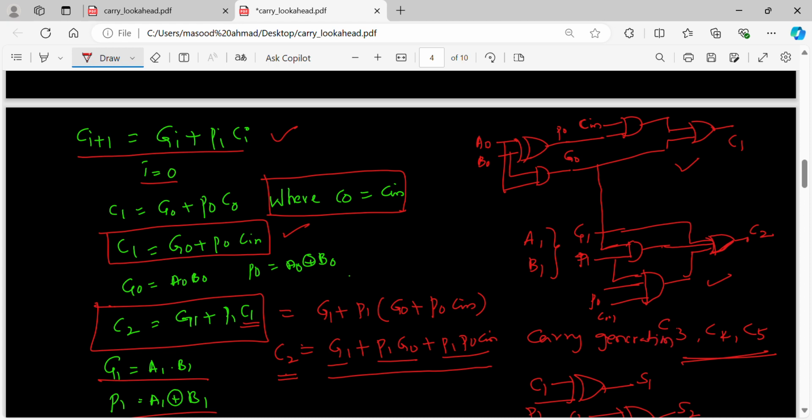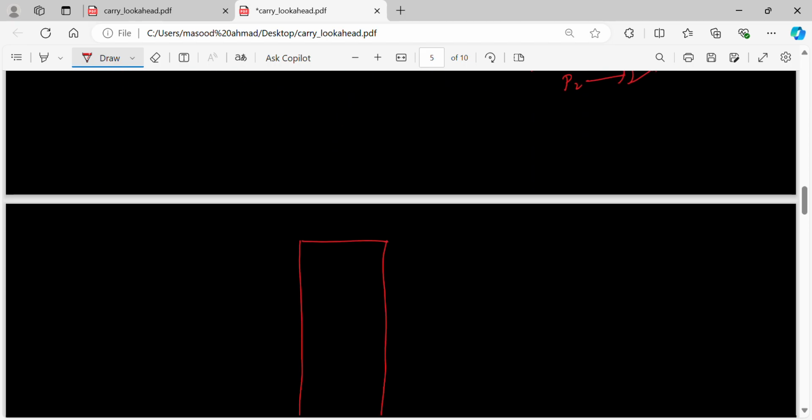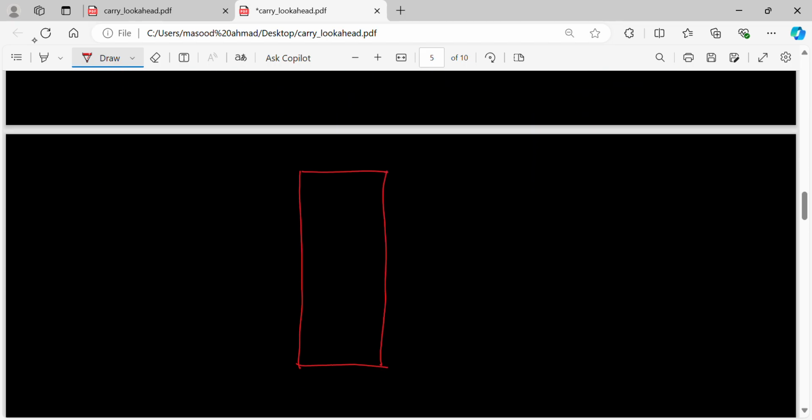Whatever circuit I have shown over here, the whole process of this is nothing but the carry generation circuit. So in the carry generation circuit, what are the inputs? Generates and propagates. For this, we take A0, B0, give them to the XOR gate to generate P0, and give them to the AND gate to get G0. Similarly, I take A1, B1, A2, B2, A3, B3.